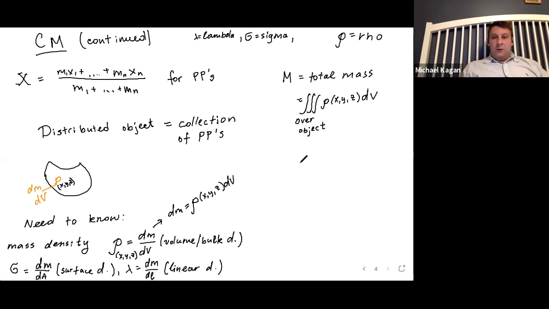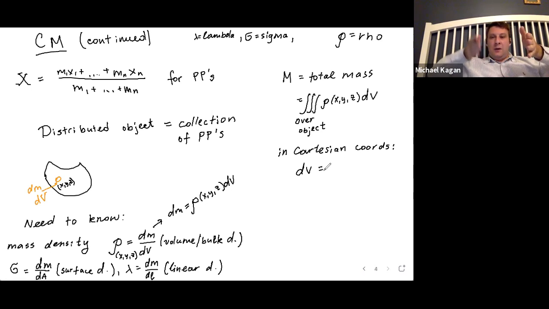So if you stick with the Cartesian coordinates, then this dV is simply the volume of the parallelepiped formed by dx, dy, and dz. So it's just simply the product of dx, dy, and dz. If you use spherical coordinates or polar coordinates or some other coordinates, it will be some other expression in terms of those coordinates.